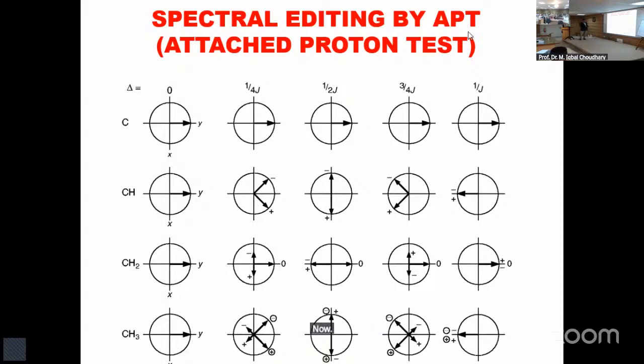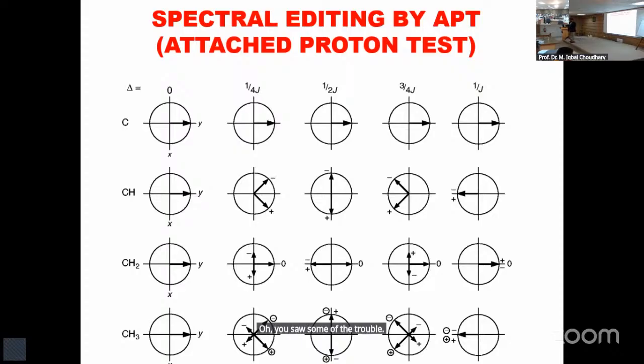Now, if you turn on the detector, what will happen? At that point, you turn on the detector, because you have complete control. Now you turn on the detector, CH3 will appear as a negative signal, CH2 appears as a positive signal, CH appears as negative, and quaternary appears as positive. So you solved some of the problem.